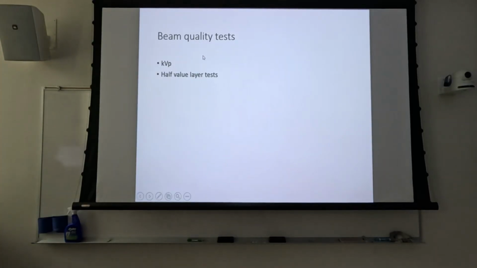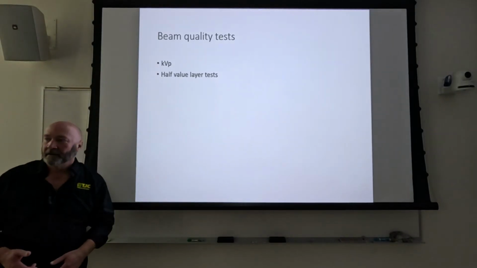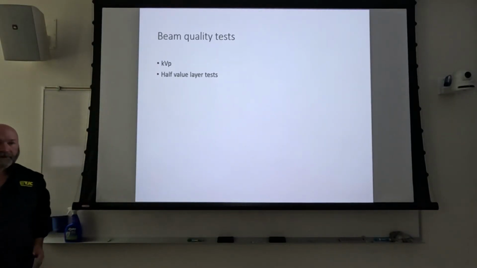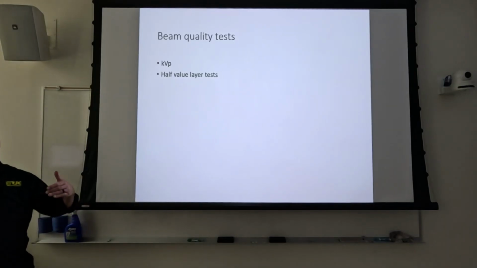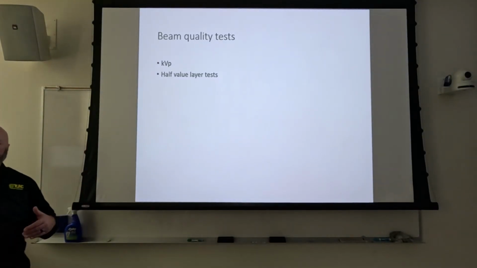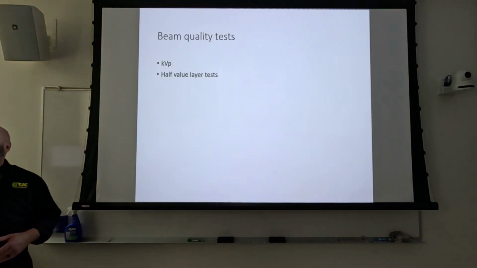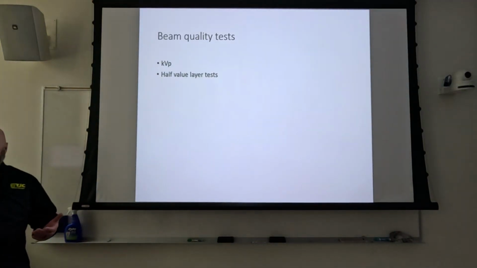Okay, so beam quality. Remember, our best measure of beam quality is half value layer. It truly measures, you can have two machines shooting with the exact same kVp, but one has a higher average kVp. You can't really say output, but a higher average kVp, right? And that happens again because of tanning of the tube.